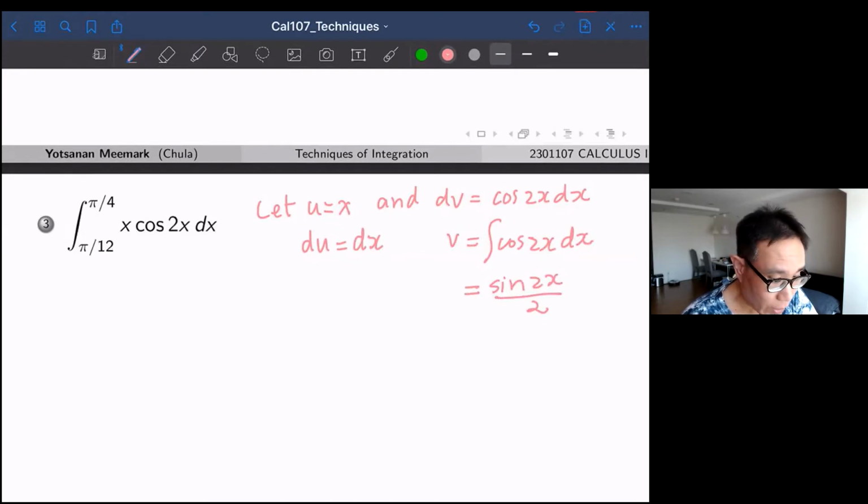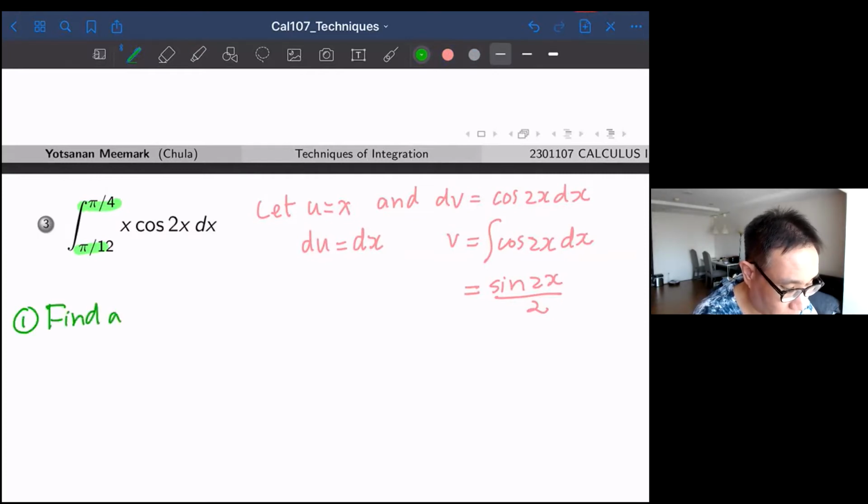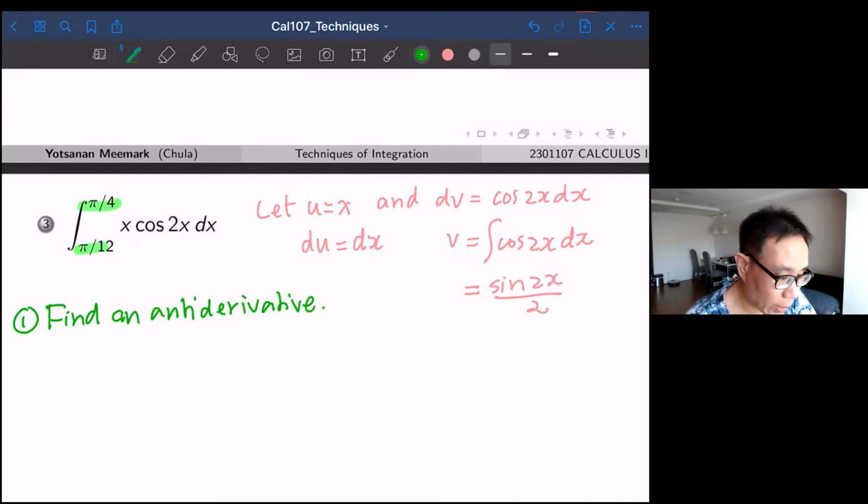And then what? Before plugging in this and this, let's just integrate first to find the antiderivative. So we're going to find an antiderivative.